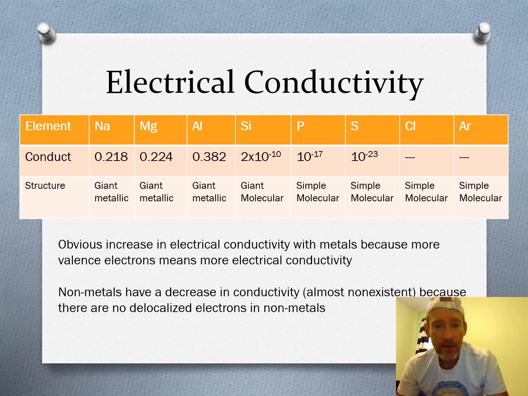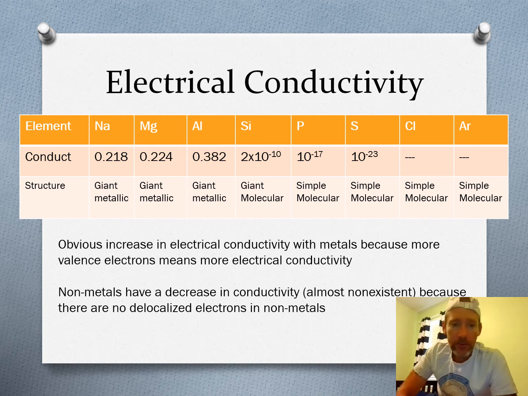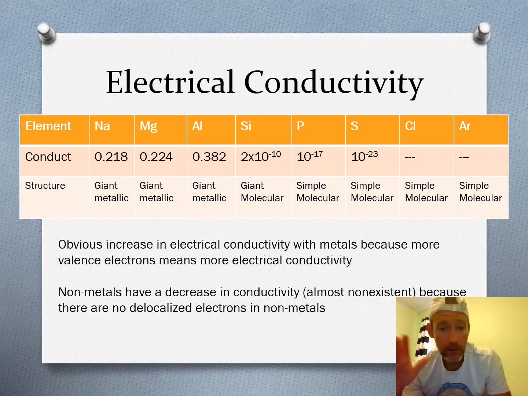You can see how small phosphorus and sulfur are compared to silicon, aluminum, magnesium and sodium. So it's going to increase as you go across to reach aluminum because it has 3 valence electrons. So more electrons will cause more conductivity. And the nonmetals aren't going to have any conductivity.